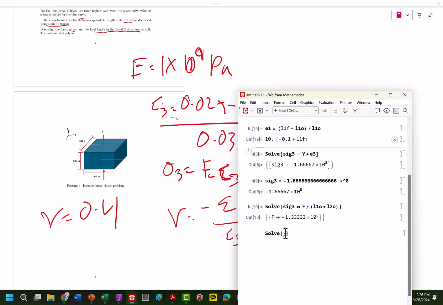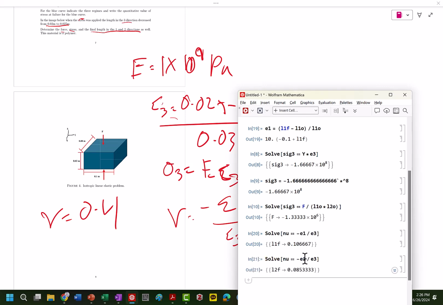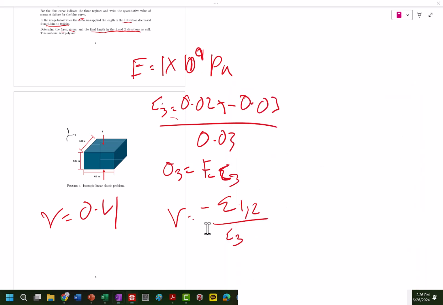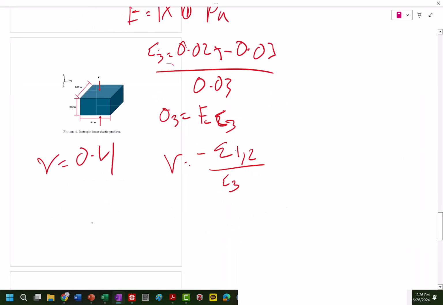And so now we can solve that nu equals minus E1 divided by E3. We can solve for that final length, and we see it increases, which makes sense because we're compressing, so it should expand in the other dimensions. And for the 2 direction as well. And that's it. Be prepared just in case you get a problem with calculating the stress of the beam. But other than that, we'll see you in the next video. Thanks. Bye.